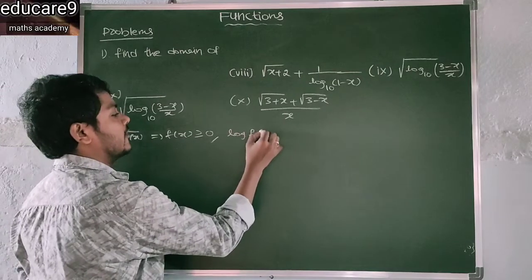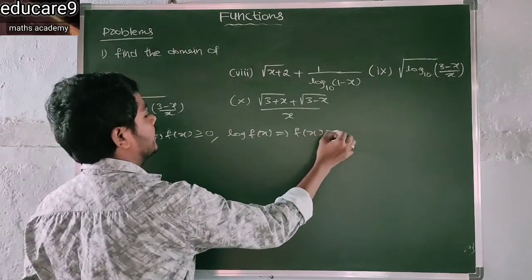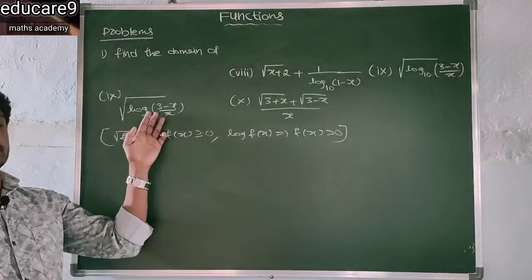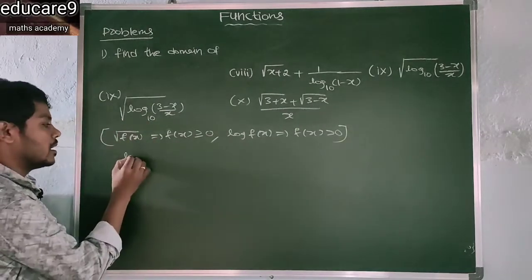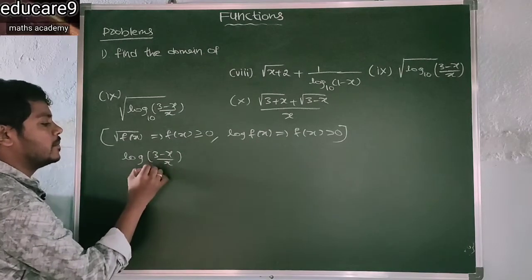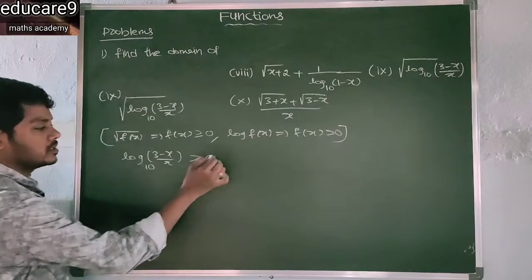So what are the log f of x conditions? f of x is greater than 0. So here we have to apply these two conditions for the given function. First one, log of (3 minus x) by x, base 10, is what? Greater than or equal to 0.